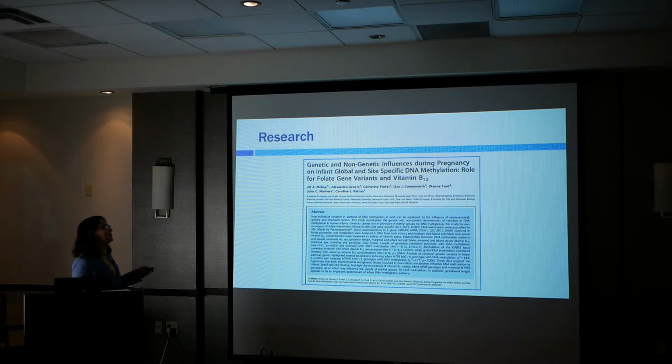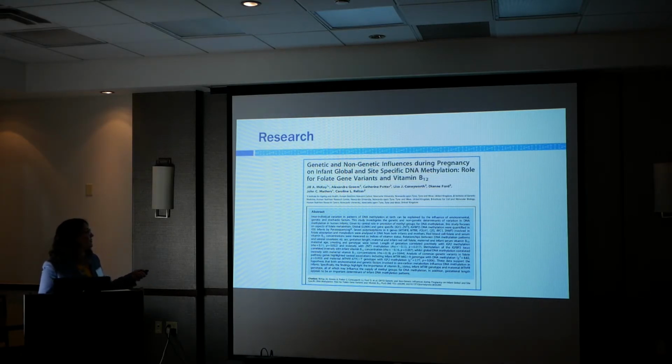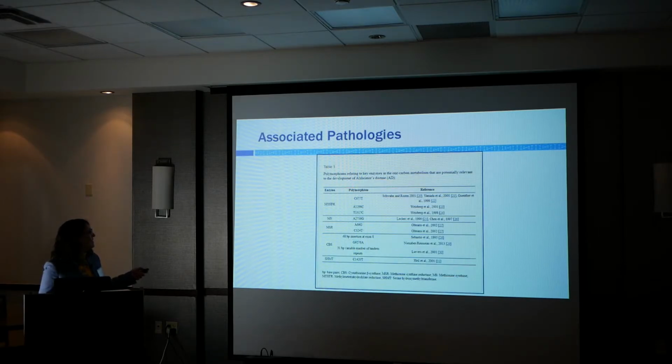There's so much information on pregnancy, fertility, and neural tube defects with folate and B12. And then this is just a little picture of some of the polymorphisms that we associate with Alzheimer's. This one's talking about MTHFR, methionine synthase reductase, cystathionine beta-synthase, and serine hydroxymethyltransferase as all being involved.